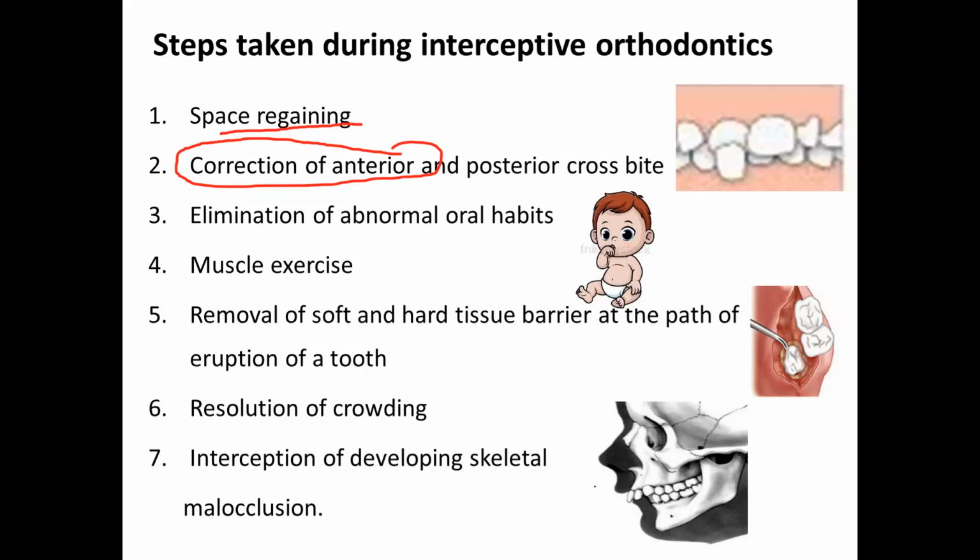I'm talking about the anterior teeth right now. The upper teeth are normally anterior to the lower teeth, but when the upper teeth are not placed in such a way, they create a bite called a cross bite, as this picture shows. Similarly, there is a cross bite in the posterior region, which is called a posterior cross bite.